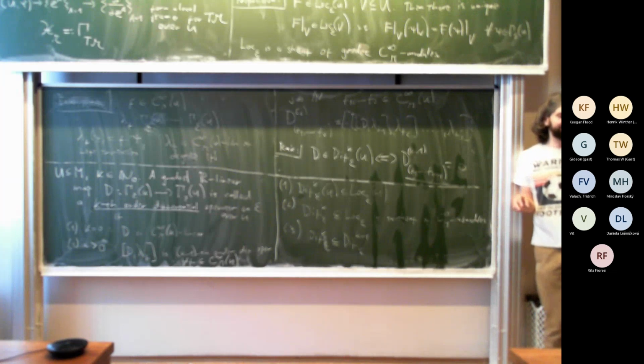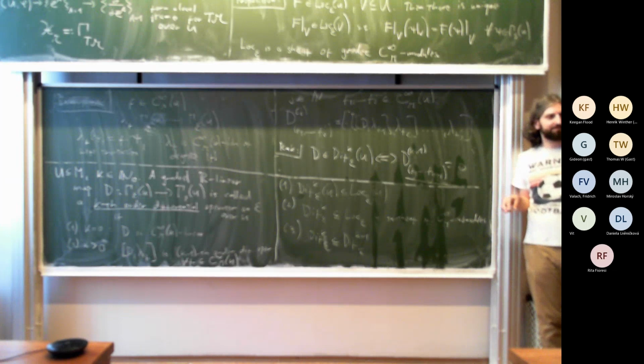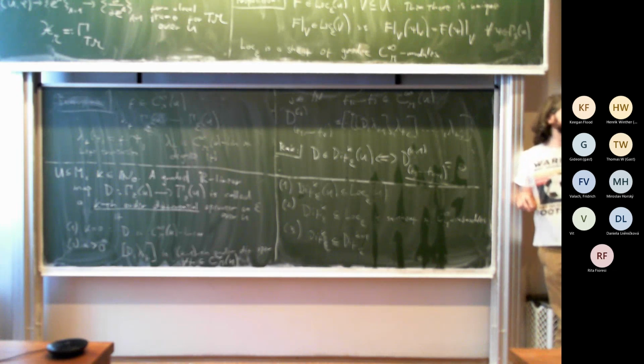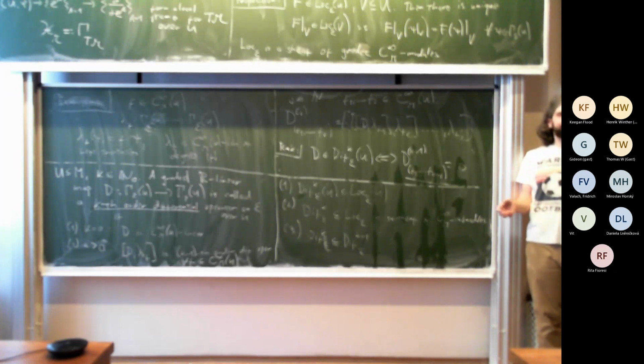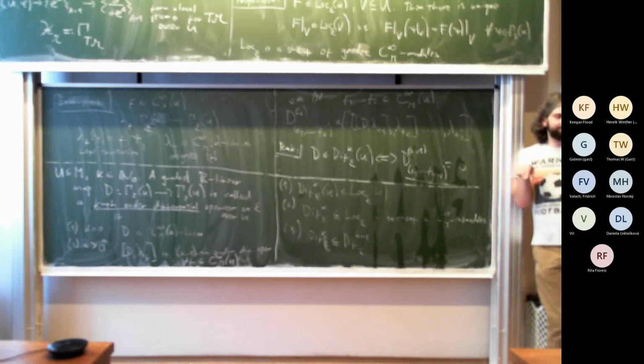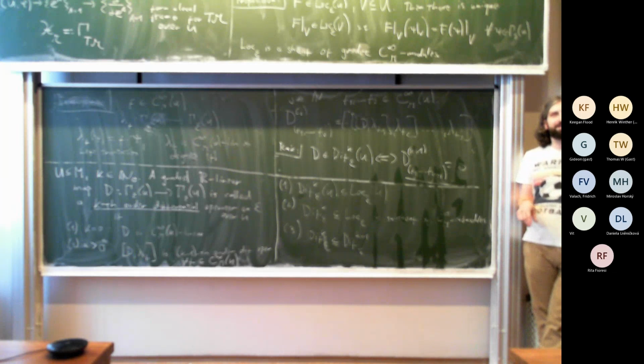But there are others. For example, Z-graded manifolds can be defined as supermanifolds with some grading vector field such that eigenspaces of this vector field are functions of a given degree. And there are some versions of the Batchelor theorem for this kind of graded manifold also.